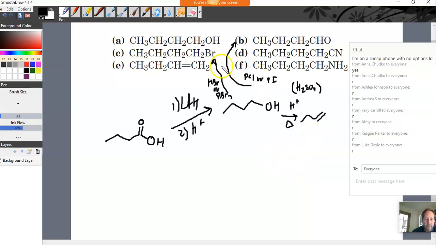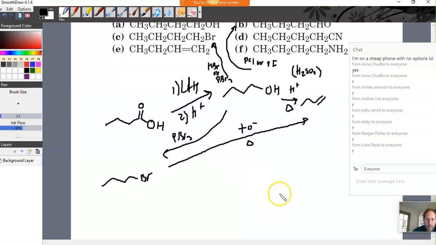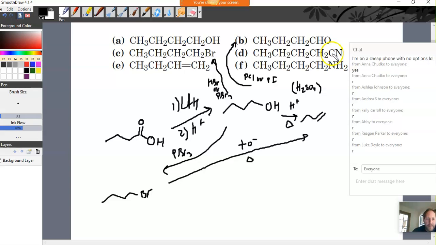You could also make it from the alkyl halide. Let me actually write, so put the alkyl halide down here, PBr3. You can also make the double bond from the alkyl halide by tert-butoxide and heat, just the E2 elimination. And then the nitrile and the amine all come from the alkyl halide.